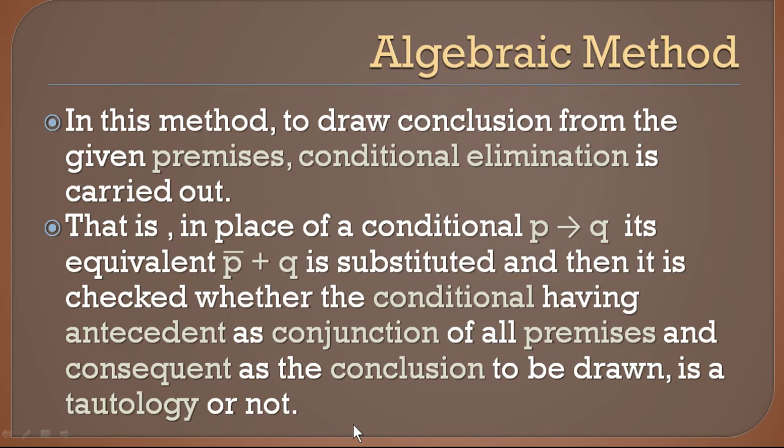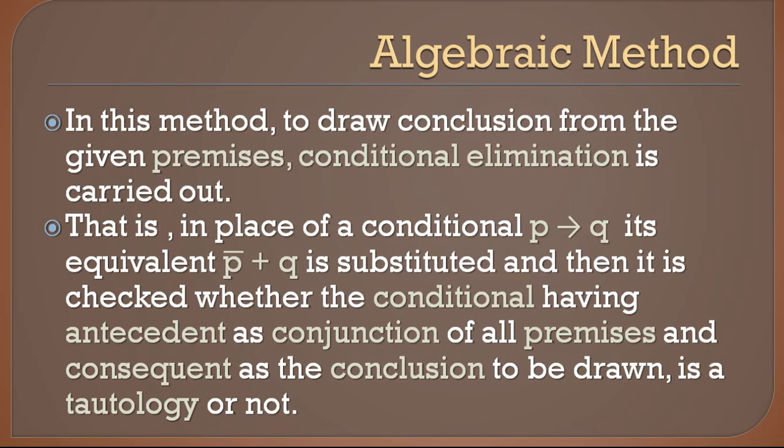So you are going to substitute wherever you have P implies Q, that is, if you have two variables with an implication symbol, you are going to substitute it with P dash plus Q. Then you are going to use the antecedent, that is the premises, with the conjunction, that is the dot operator, the AND operation, and the consequent, that is the second variable, as the conclusion. That's what we discussed in the previous video also.